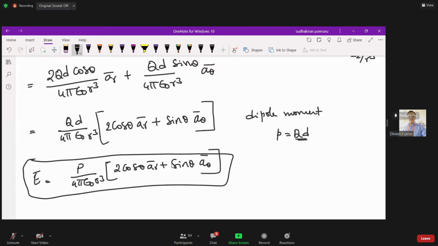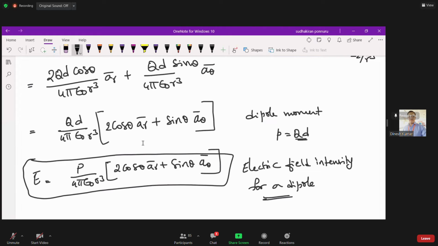So this is the expression for electric field intensity for a dipole.